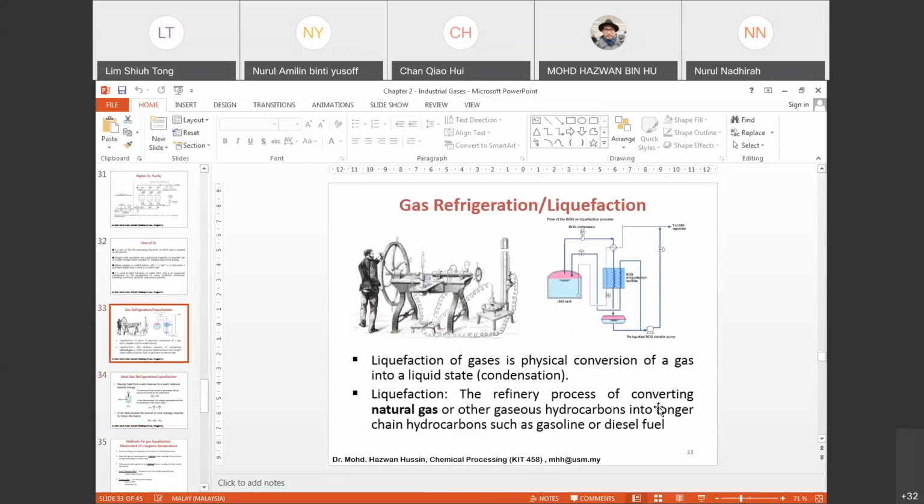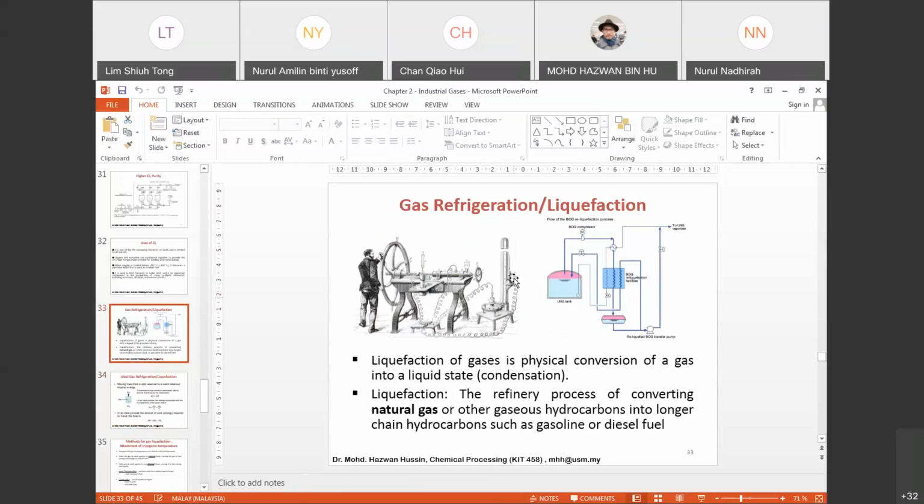The picture that you see over here is basically a very old process, how the scientists in those days produced liquid gas. This functions as a compressor. The person will turn this rotor, and then it will build up pressure.